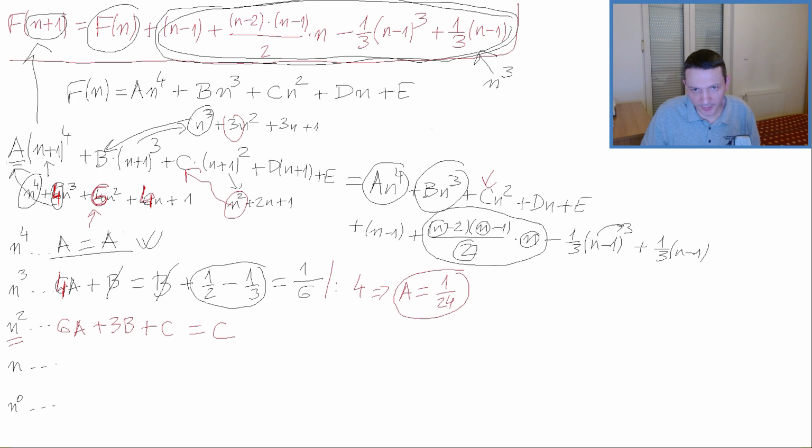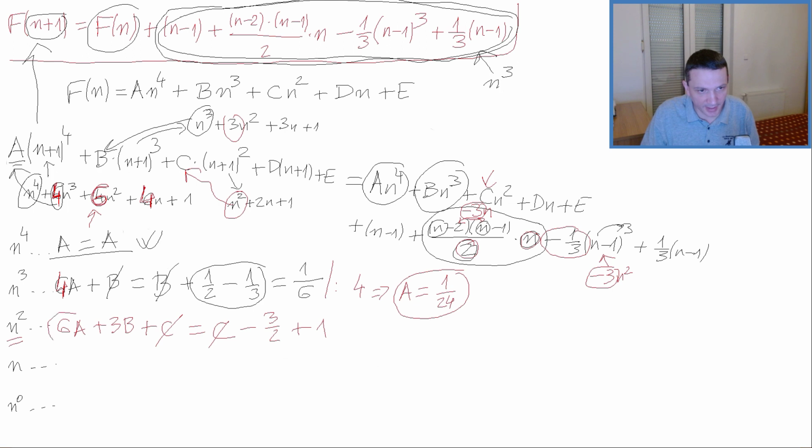When we multiply those two brackets, a linear term will be minus 3n times this n will be n squared, so we will have this minus 3 over 2 here, and we will have here minus 3n squared. This minus 3 times this minus 1/3 is actually plus 1, and that's all. So we cancel c and c.